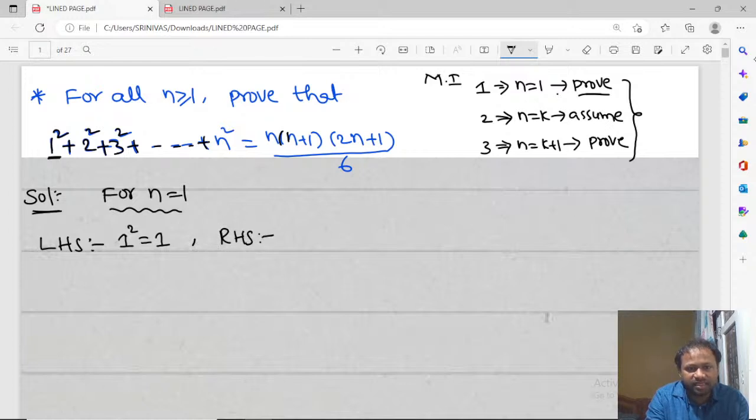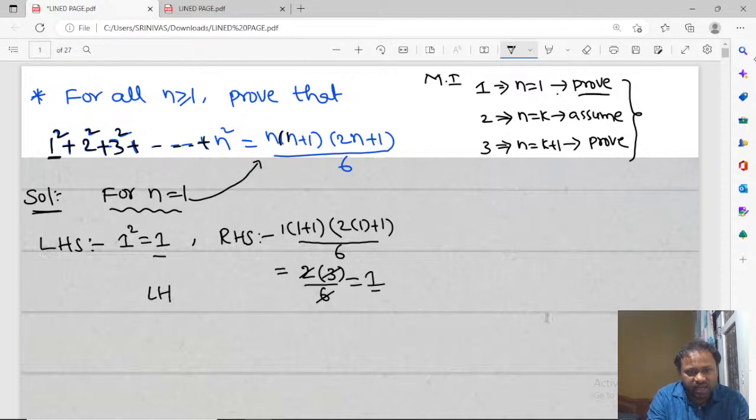RHS will be 1 into 1 plus 1 into 2 into 1 plus 1 divided by 6. Just instead of n, I have substituted 1. So then what we get here, 2 into 3 divided by 6. So 2 3s are 6, it will be 1. So LHS is equal to RHS. That's why the given statement is true for n is equal to 1.